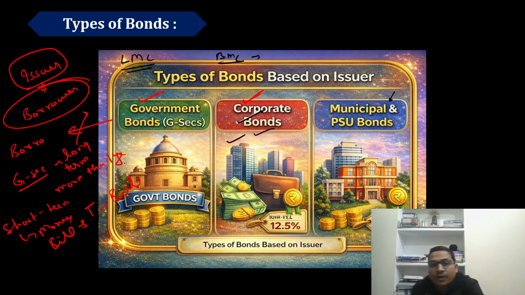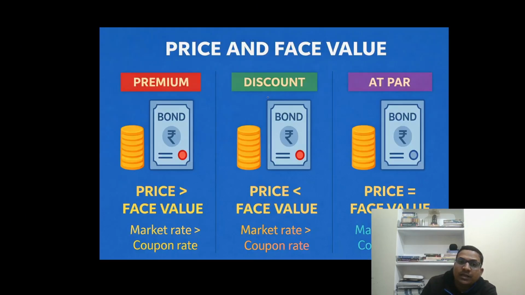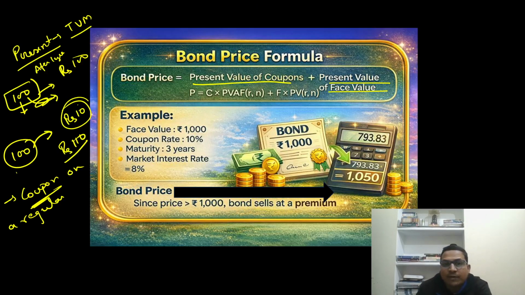That's why, whenever a company is selling a bond and providing you this coupon payment, they have to consider the present value of that coupon. Since it is a regular payment, it has a different annuity factor, and since the face value is a one-time payment, it has a different present value factor.